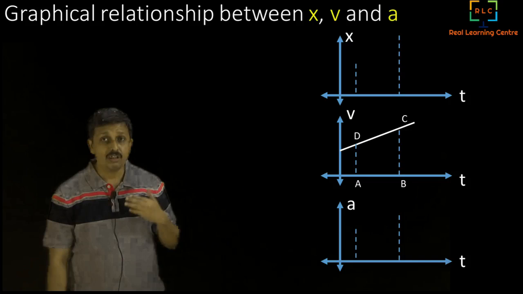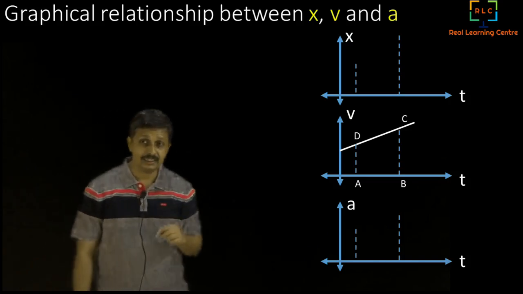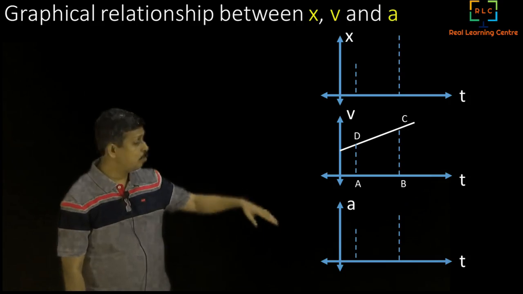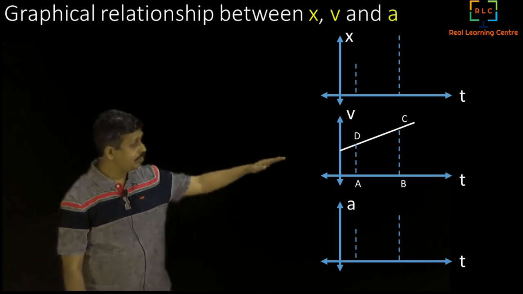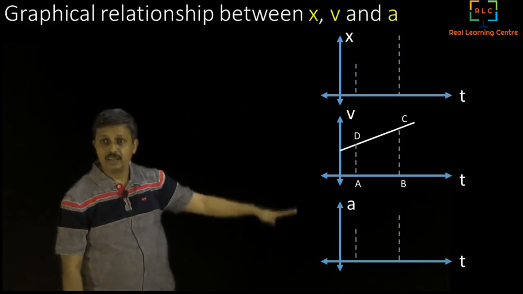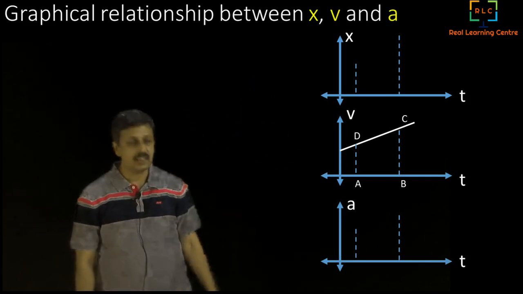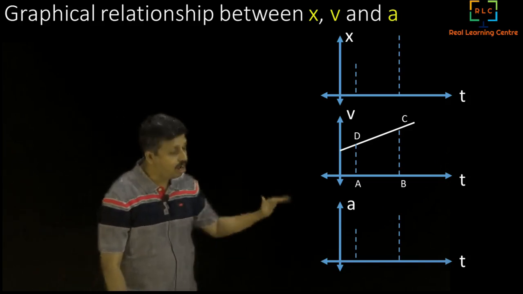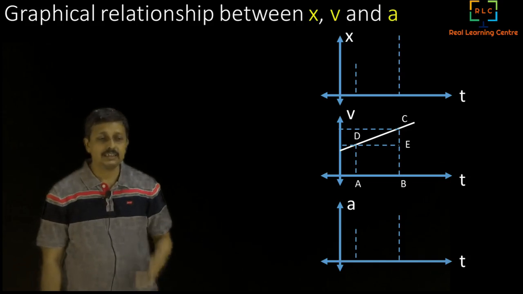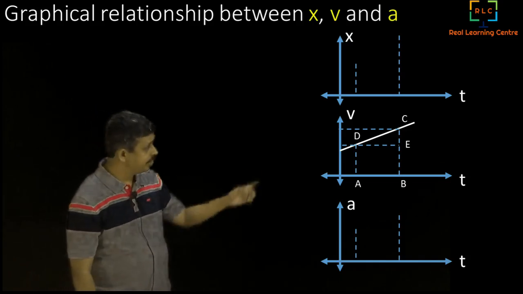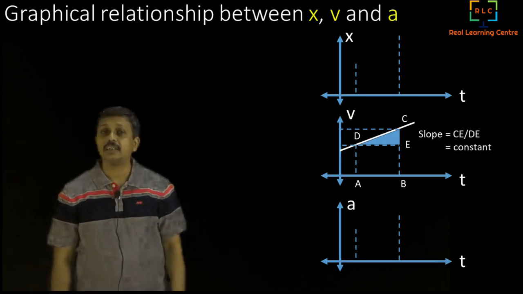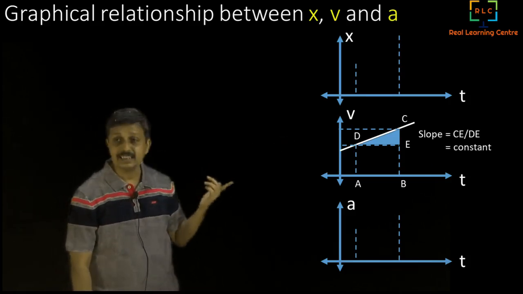We have already established in the last session that acceleration is nothing but the slope of velocity, and velocity is nothing but the slope of displacement. So we just have to find the slope of this at every point to be able to draw the acceleration graph. So how do we do that? Let's draw these lines, and you can see that we can draw a small triangle here, the triangle DCE.